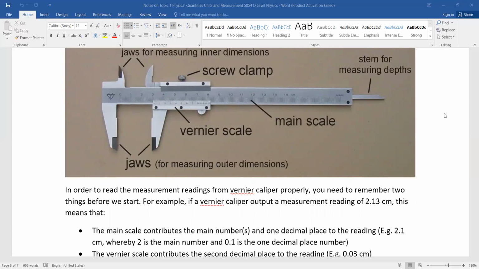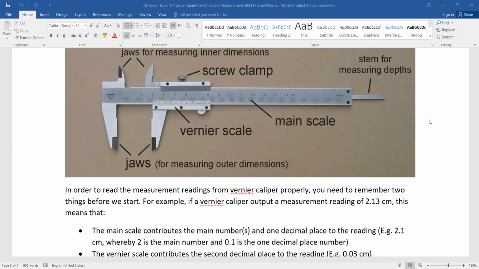So, what does it mean, inner dimensions? Like to find the diameter of the inside of a cup, or the inner part of the cup, right? That one is called inner dimensions.